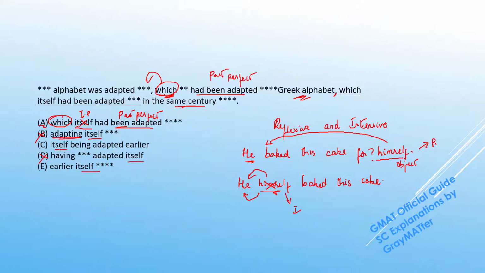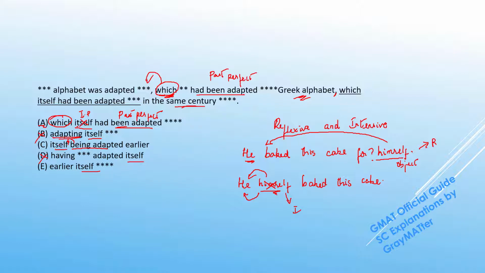This goes off. Now itself being adapted. Now this being adapted, once again, it's a present participle modifier for the itself. But again, this is coming at the end of the clause and this is acting as a reflexive pronoun because you can't take it out of this construction. If you take it out of the construction, then it will become being adapted earlier.